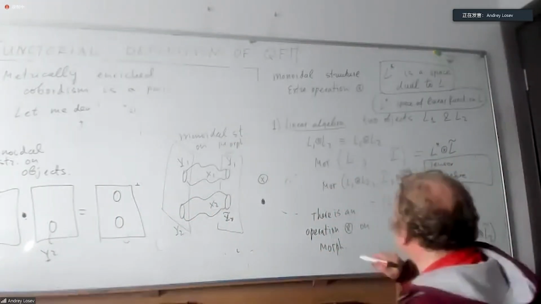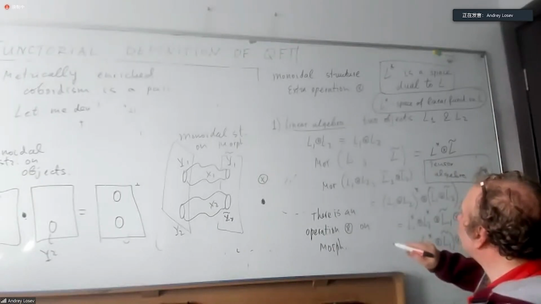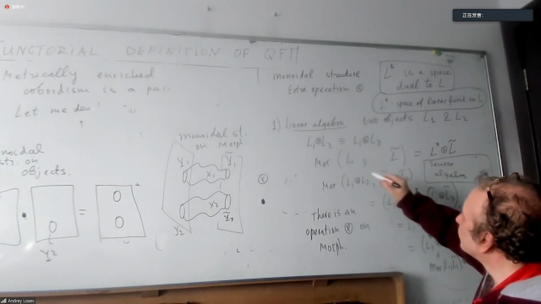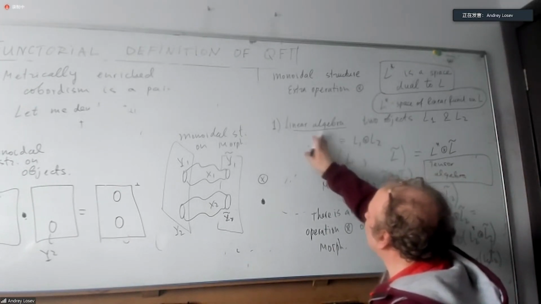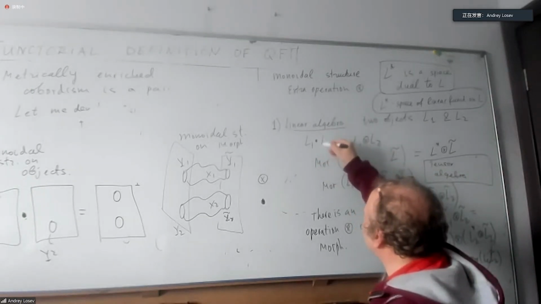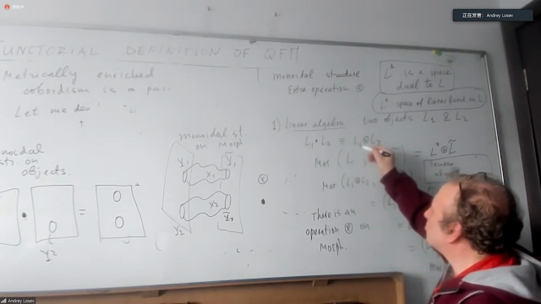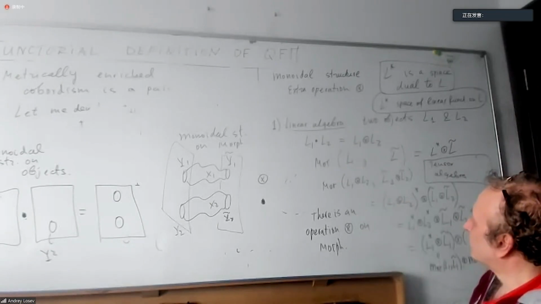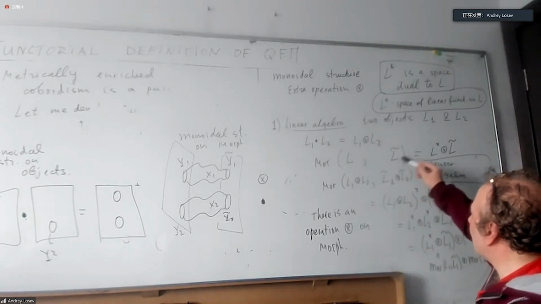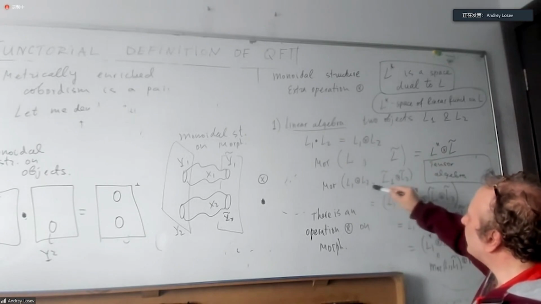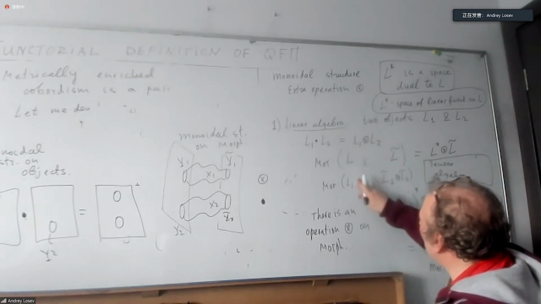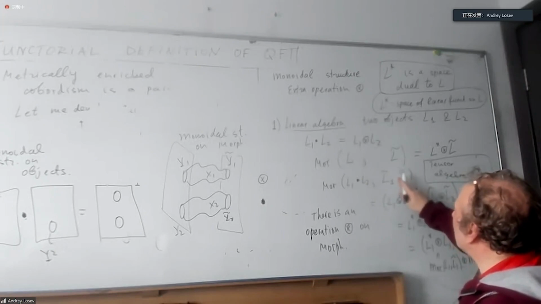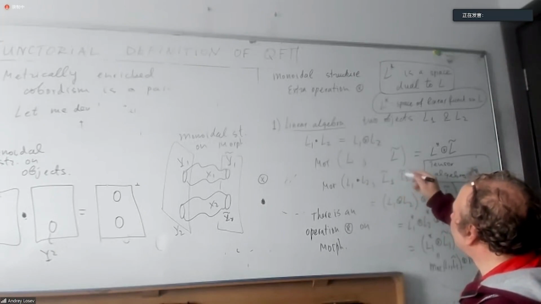Monoidal structure. So here, monoidal structure would be L1. Oh, this is the bug. L1 monoidal structure L2 equals L1 times L2. So this is trivial. And here we study morphisms between monoidal products. Okay?